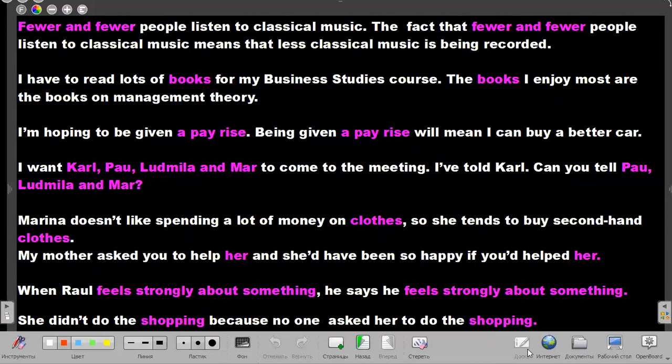My mother asked you to help her, and she would have been so happy if you would help her. Avoid repeating her. When Raoul feels strongly about something, he says he feels strongly about something. You should avoid repeating feels strongly about something. And the last sentence. She didn't do the shopping because no one asked her to do the shopping. Avoid writing the word shopping.